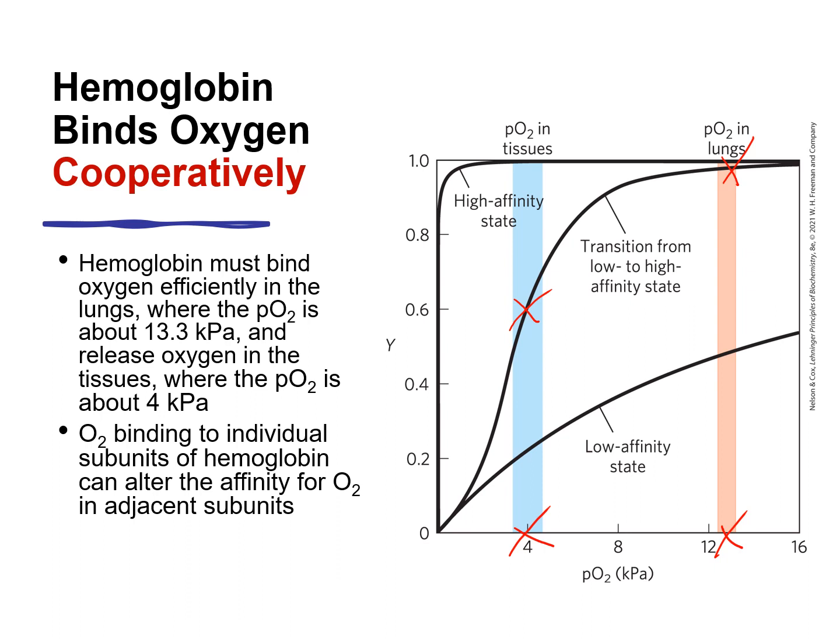Why is this? Well, one thing we know is that oxygen binding to an individual subunit of hemoglobin alters the affinity of other subunits of hemoglobin for binding oxygen. And this is how this cooperativity is transmitted. I've said it before, but I'll say it again.